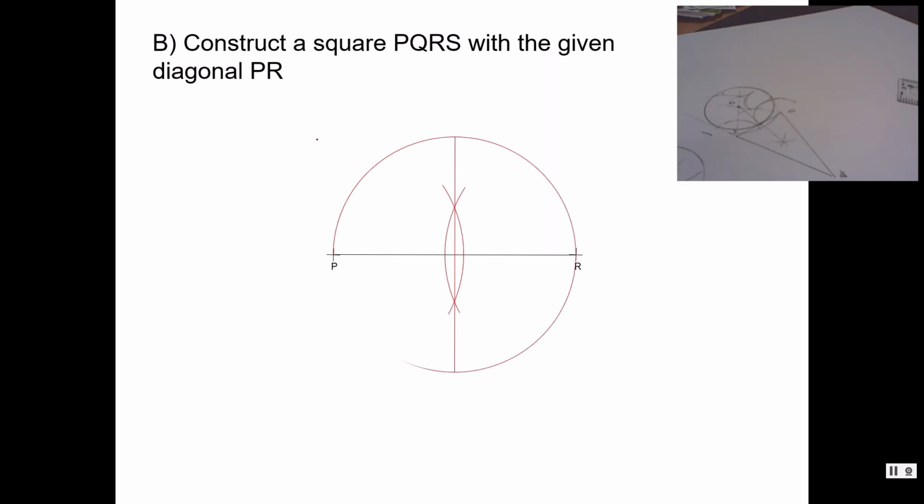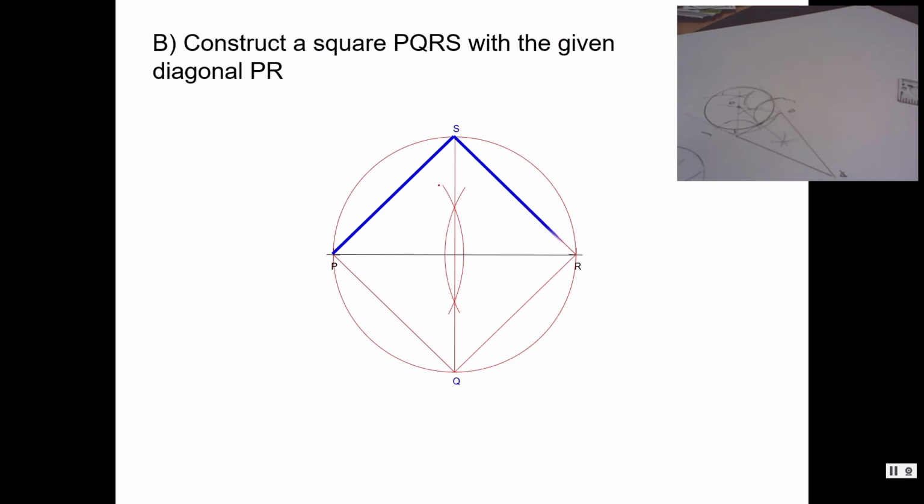Then draw a circle, Q and S. So you got a square PQRS.